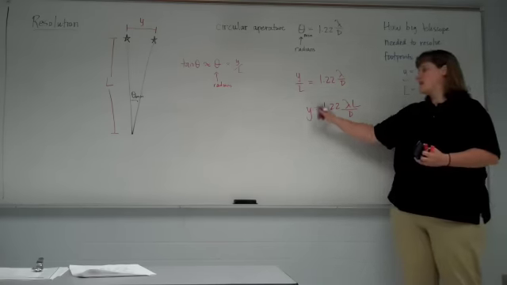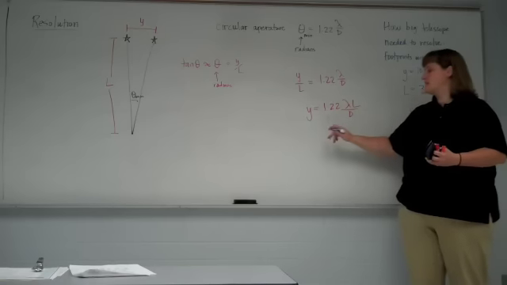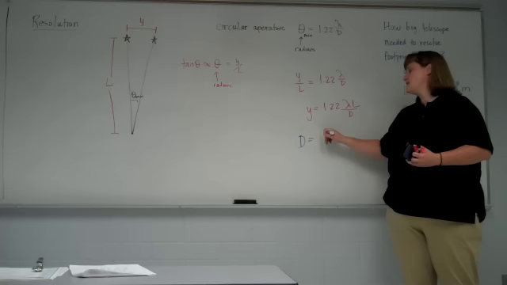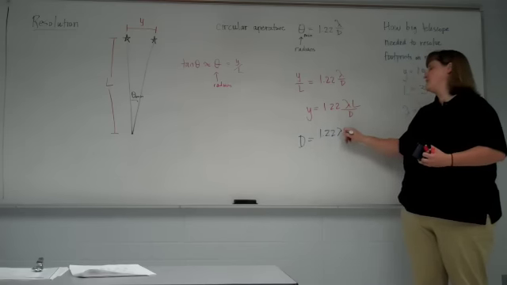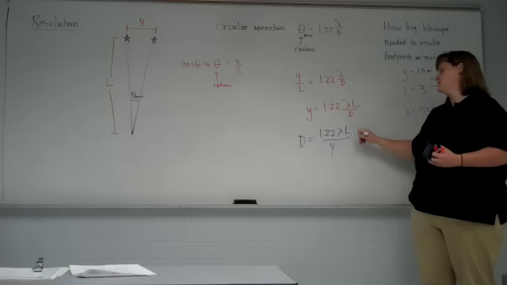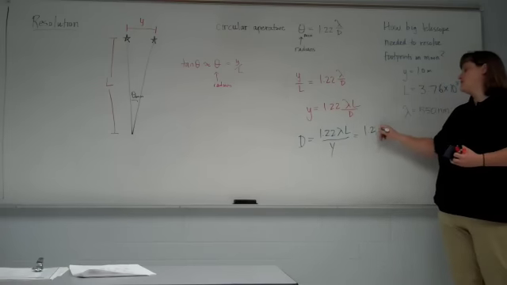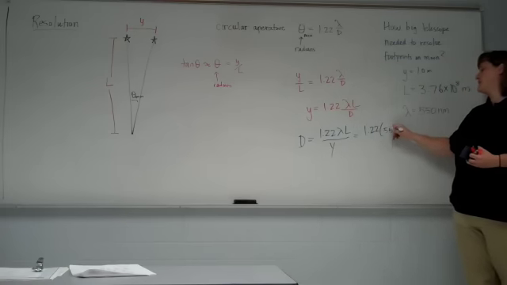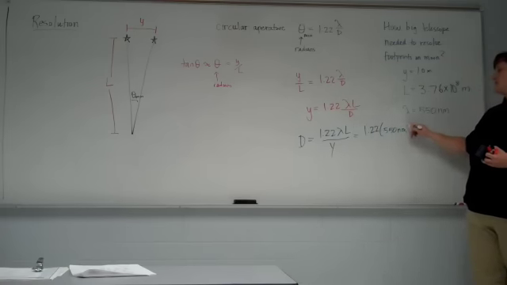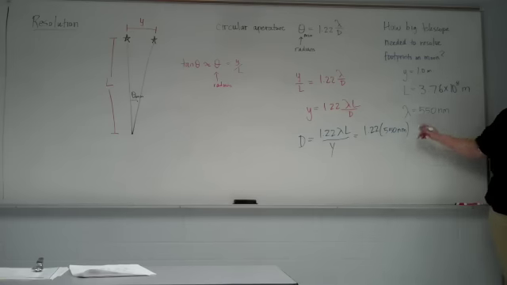So Y is not what we want. We have Y. We want D. So D will be 1.22 lambda L over Y. So 1.22 times lambda, 550 nanometers. We'll need to put that in meters. I'll do that when I plug it into my calculator. L is 3.76 times 10 to the 8th meters.